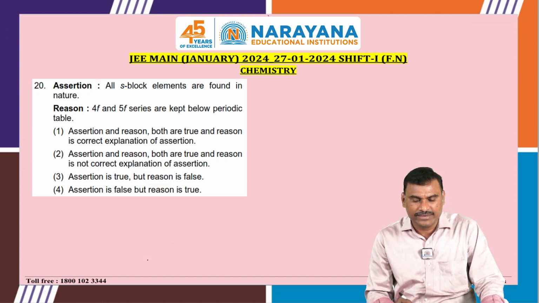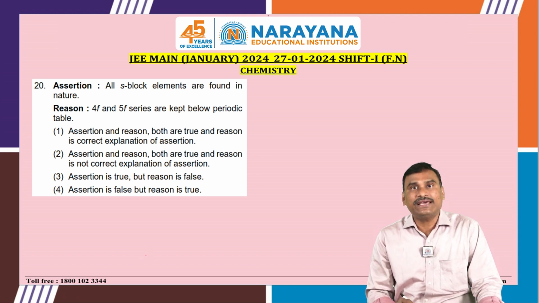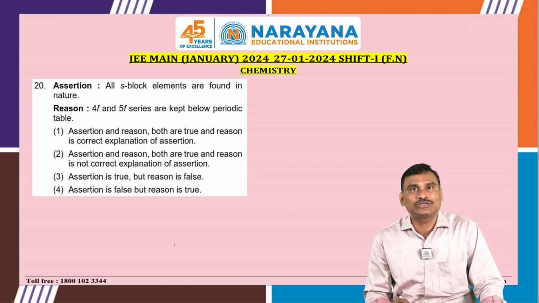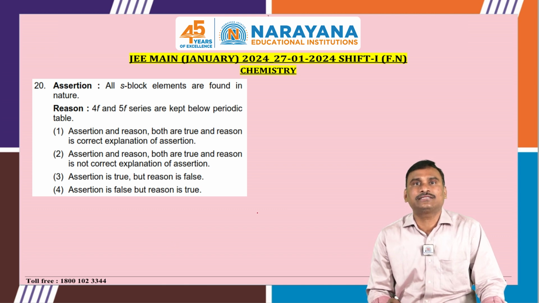All s-block elements are found in nature is the assertion. 4f and 5f series are kept below the periodic table is the reason. Actually, these two are unrelated statements.